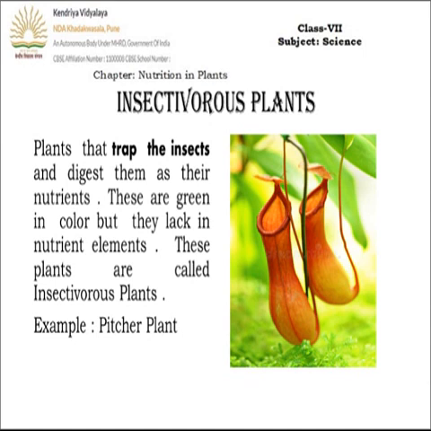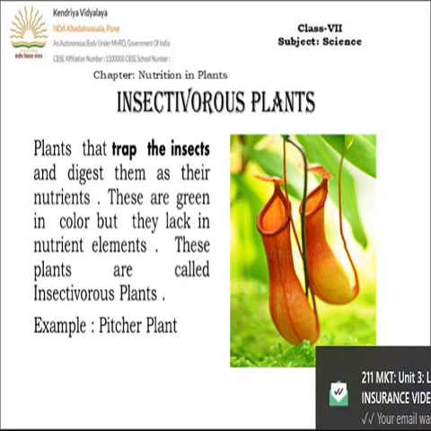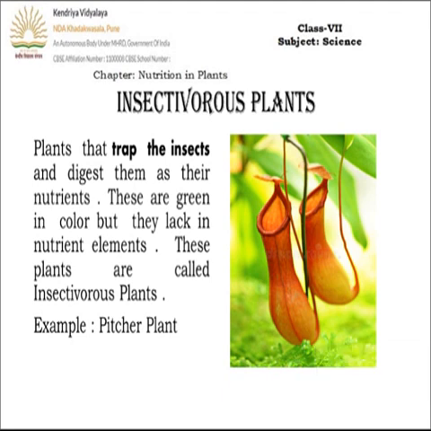So what do these plants do? If some insect is roaming outside, and the insect comes inside this bag and sits inside, then as soon as the legs of the insect touch the inside, the upper lid gets closed. It means the insect gets trapped in this bag-like structure. Once trapped, the insect will die, because it will not get oxygen.